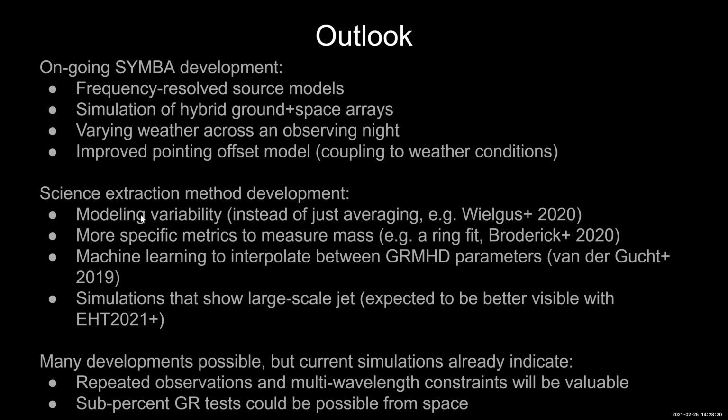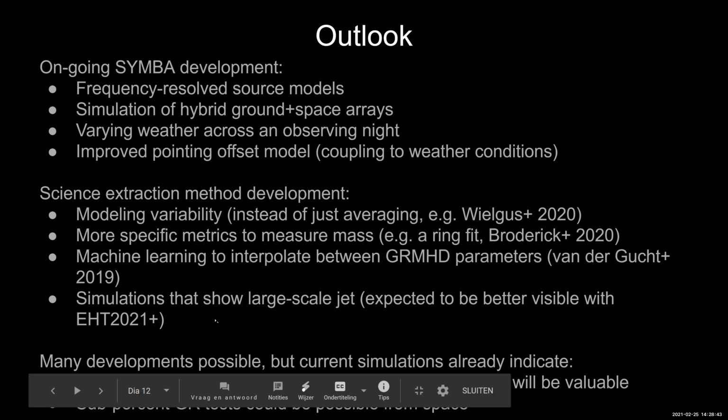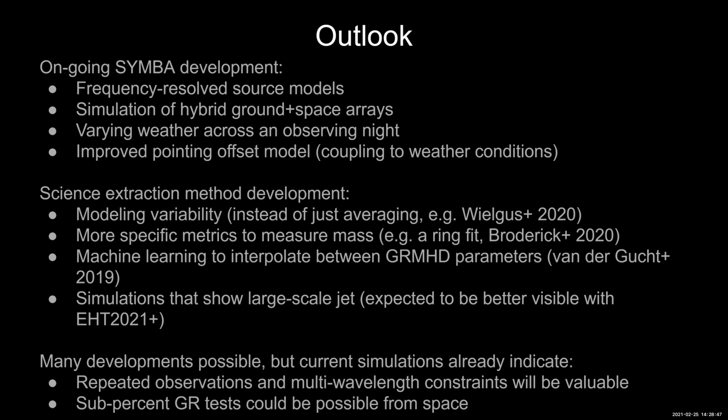You can, for example, instead of doing this averaging, actually make use of the variability, or use a more specific metric to measure the mass, like a ring fit, and use machine learning to interpolate between the GRMHD parameters. And what we've not done so far is make use of the large-scale jet structure, because the field of view of our simulations was relatively small.